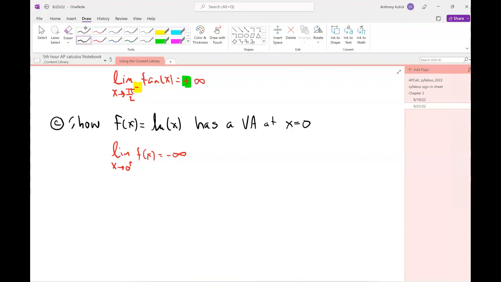So far, so good? Still doing okay? All right. So today we're going to start escaping from graphs and tables being our only ways to evaluate limits and begin to be able to do this algebraically, which is the way that makes life a little bit easier, but doesn't build a lot of intuition.